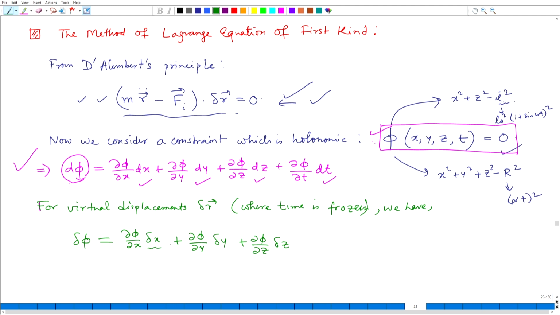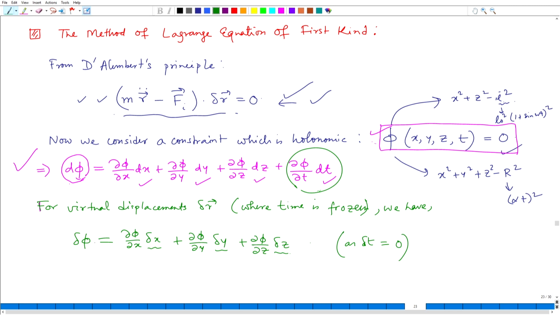All these 3 things are virtual. What about the term del phi del t? There will be no counterpart of this term, because delta t by definition is 0. So, I will have simply this.